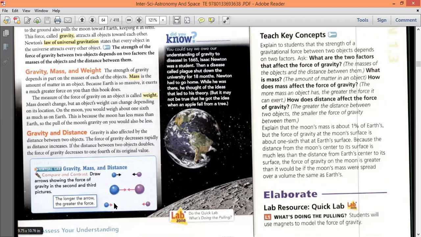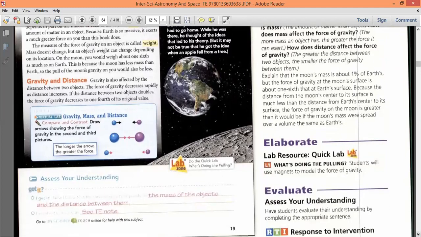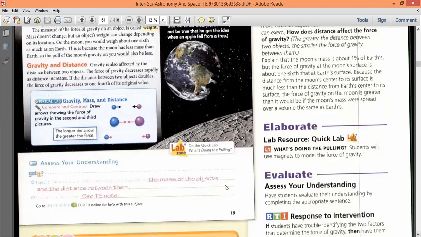But this one is very low because the objects are small and also the distance between them is so large. As we said, gravity depends on both distance and the mass of the objects. So the mass of the objects and the distance between them are the two factors that affect the gravity, or the attraction force, between any two objects.